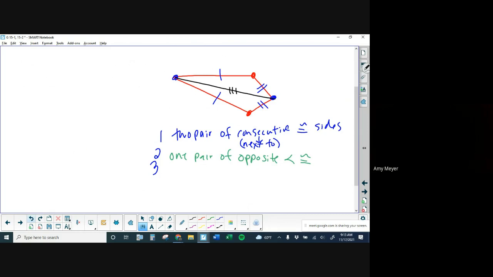Wouldn't I now have two triangles by SSS? If these triangles are congruent, doesn't every part of this have to match every part of this? So wouldn't this red angle have to match this one because they're in the same place? That's why. These blue ones don't, because it's kind of like touching both triangles. That's kind of the process of how you know.